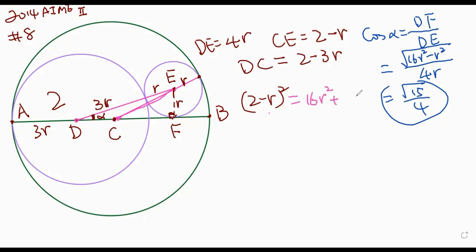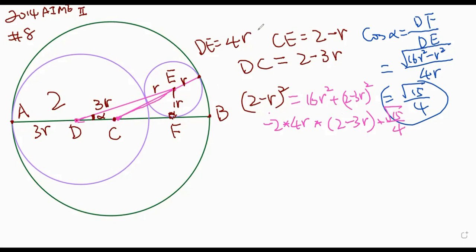plus this side, DC squared, (2 minus 3R) squared, minus 2 times this side, which is 4R, times this side DC, which is 2 minus 3R, times cosine alpha. Cosine alpha is square root of 15 over 4.